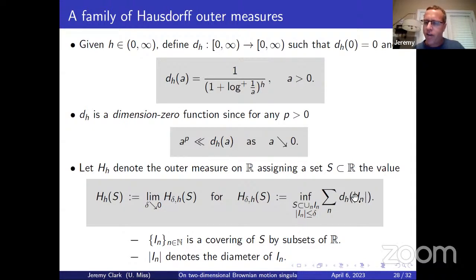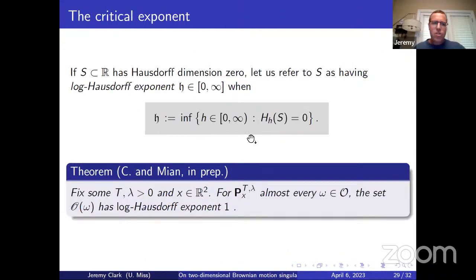It's just that instead of having power functions, we have these more interesting things involving powers of log. So we take the infimum over all coverings of the set, and then we plug the diameters of the sets into this special log function.